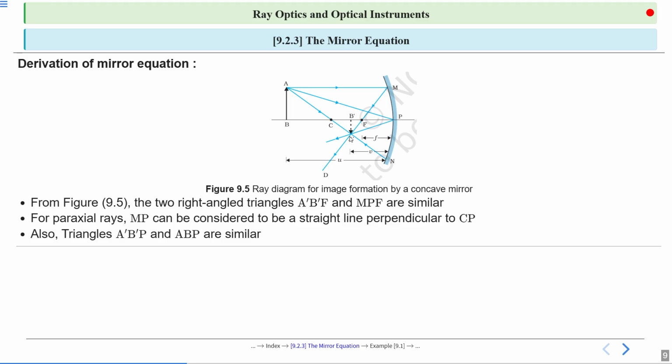Also, the angle A'B'P, the angle of reflection, and in triangle ABP, the angle of incidence, are equal according to the law of reflection. If two angles are equal, then the third angle will also be equal. So according to AAA similarity, these two triangles are similar also.